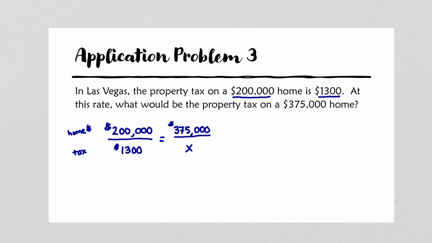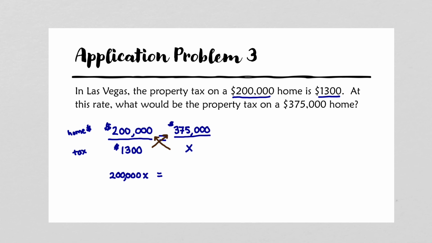Let's finish by cross-multiplying and dividing. We cross-multiply across 200,000 times X, and that's going to give us 200,000X. And then we multiply across 1,300 times 375,000.